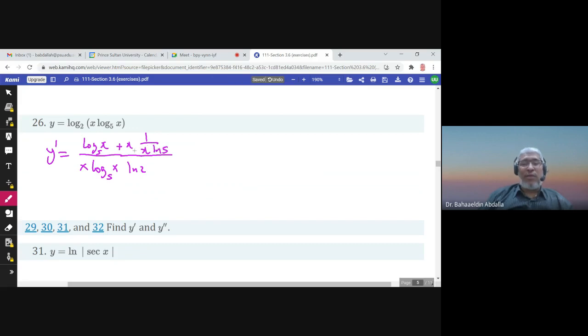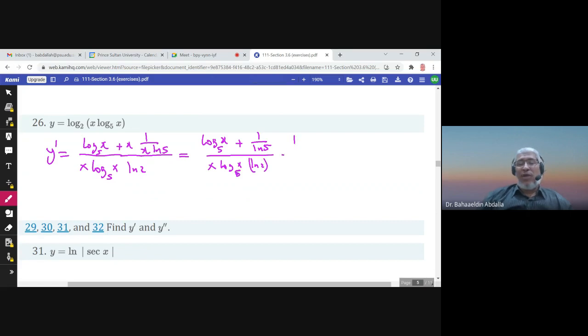That's it. Now x cancels with x, and I will have log x to the base 5 plus 1 over ln 5 over x log x to the base 5 times ln 2.